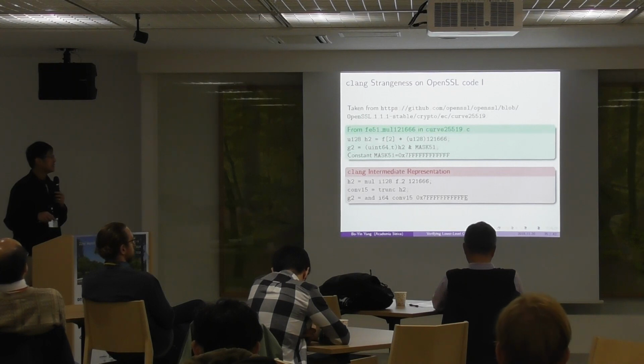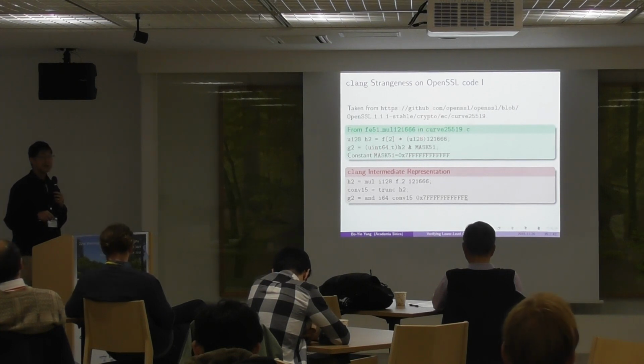We multiply something by this constant, 121666, and then we cut it to 64 bits and mask it with this particular mask, which is 51 ones and then zeros.